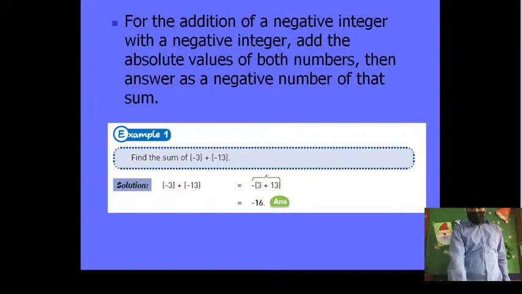Wait a minute. Let me check if it is working. Yes, August, I have read your comment. Okay, very good if you are correct.